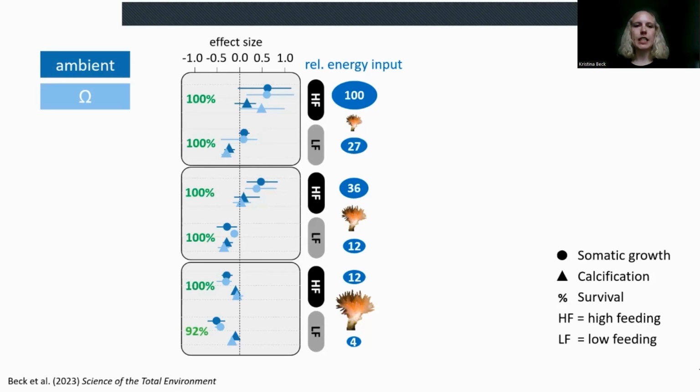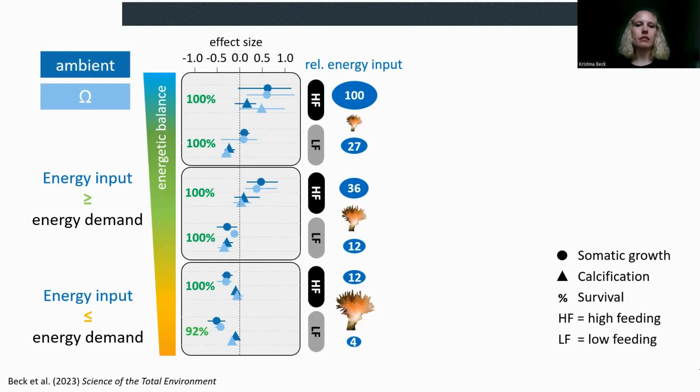So here you can clearly see that the early life stages received enough energy to maintain and even increase their growth rates. So their energy demand was definitely met. They were able to grow faster, at least in the high feeding treatments under these treatment conditions.